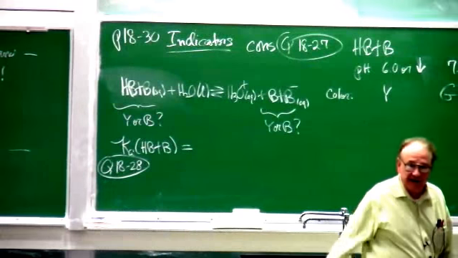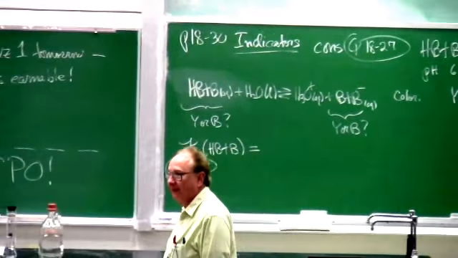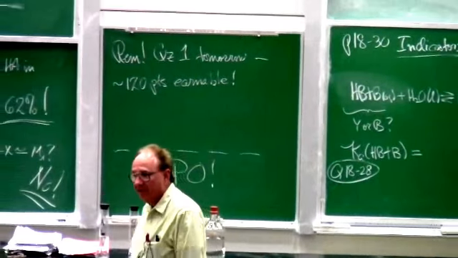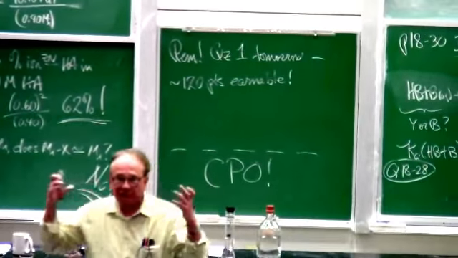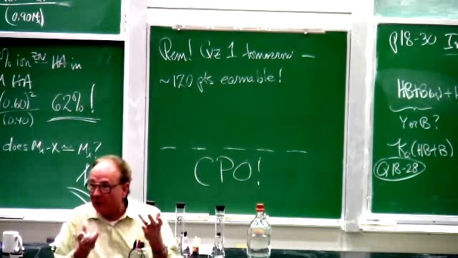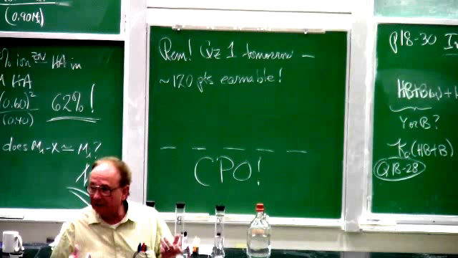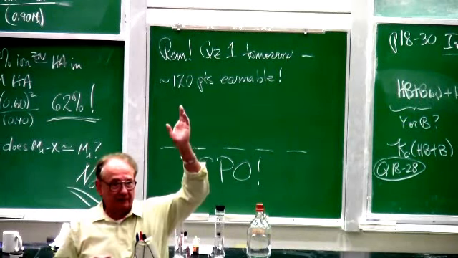That's the way these indicators behave. They have valence electron structures which are large, relatively speaking, and conjugated. Ho! Did you hear that fancy word in 2045? Conjugated electron structures? I'm just asking if you heard the word.